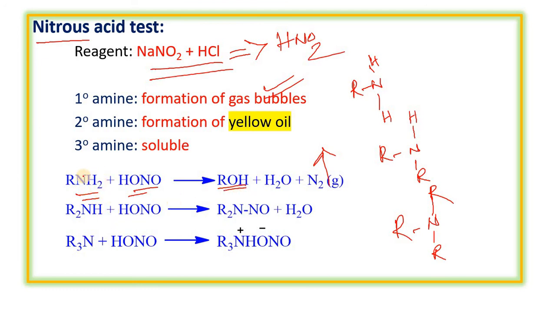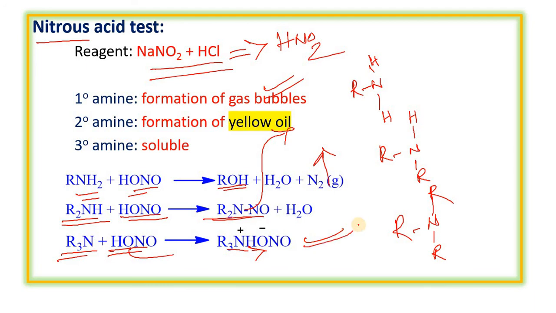In case of aliphatic primary amines, let us take secondary amines. When you treat with nitrous acid, there is a formation of a nitroso compound. This compound is yellow colored oil. In case of secondary, you can find yellow colored oil. Tertiary amines are soluble in nitrous acid. There is a formation of salt.